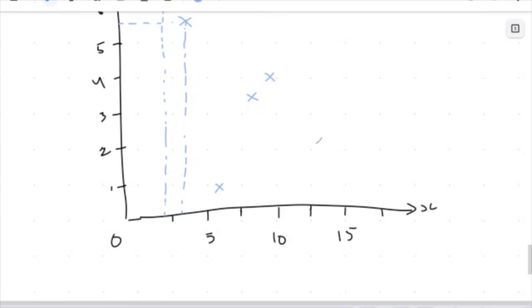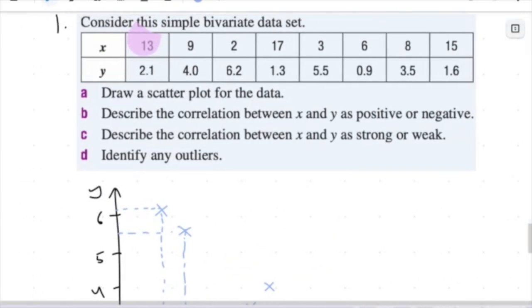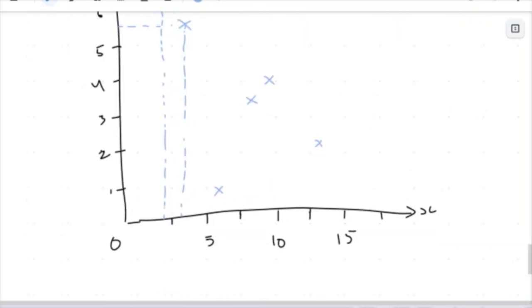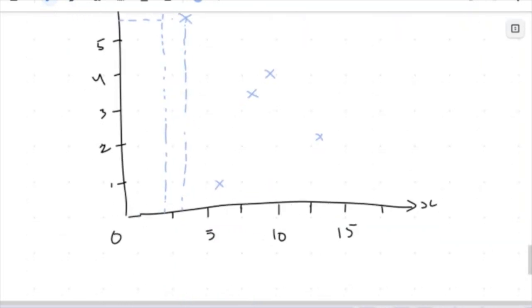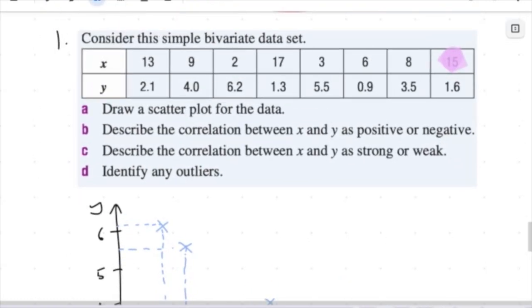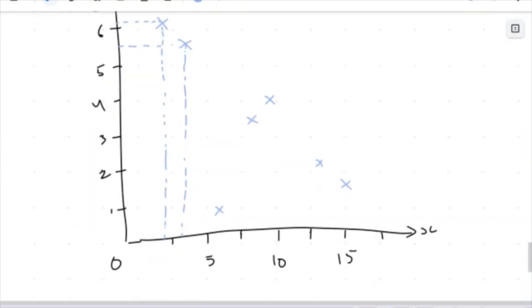So that's going to be down about here. And we have 15. The y is 1.6. It's about there. And finally 17, where we have 1.3 as the y value. So 17, and we have about 1.3. So that's about there.